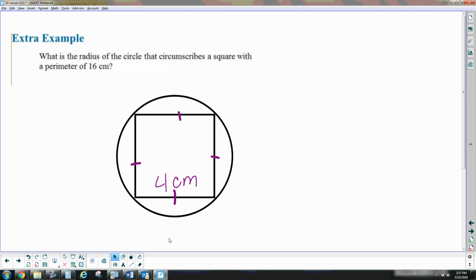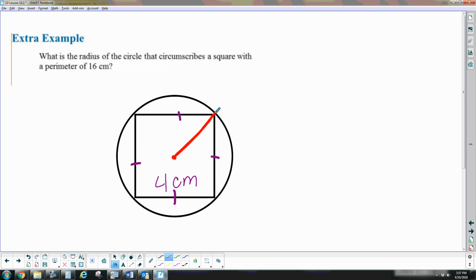All right, now we're looking for the radius of the circle. So the radius goes from the center of the circle to the outside edge. So we want to go from the center of the circle to the outside edge of the circle. And specifically, we're going to go somewhere that touches the square because we only have measurements for the square.